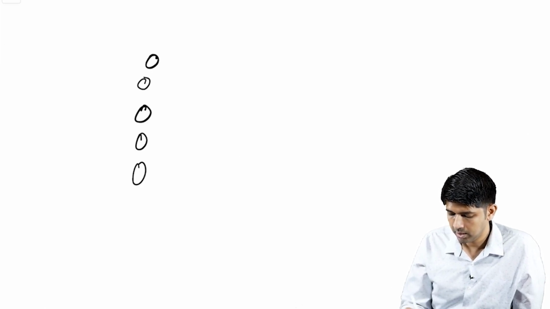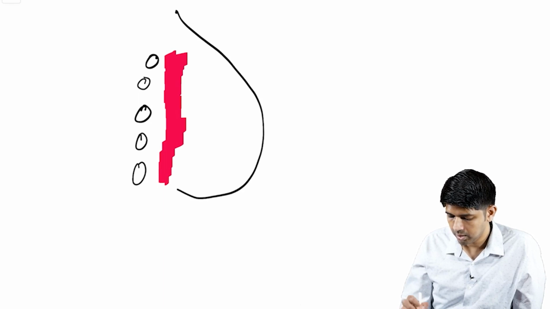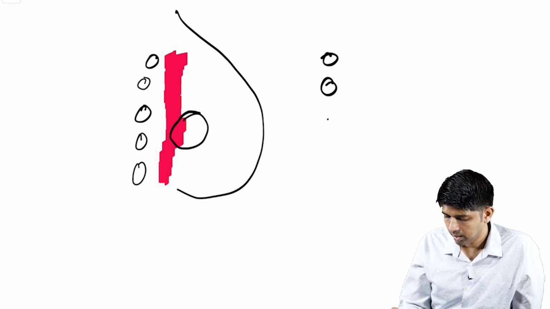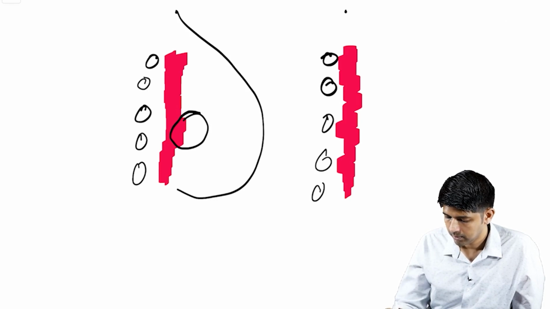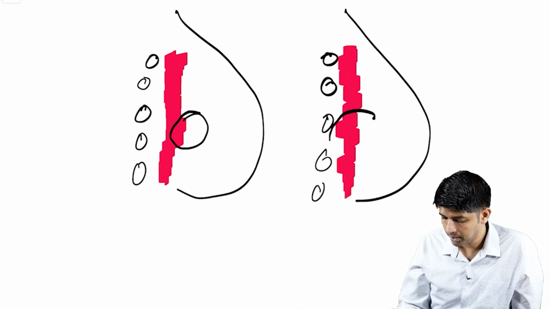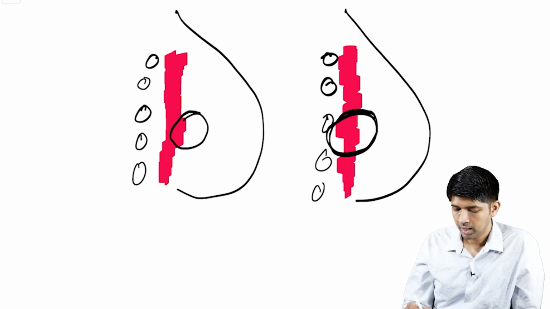This will be your ribs. This is your pectoralis major muscle. This is your breast. This is one scenario. And this is the second scenario, where you have the breast and the lump has gone beyond the pectoralis major and is involving the chest wall.